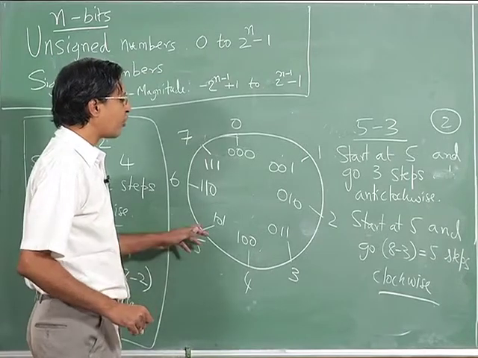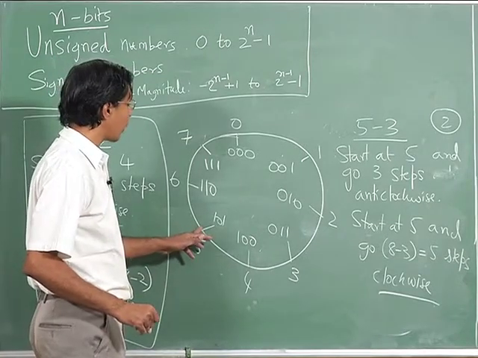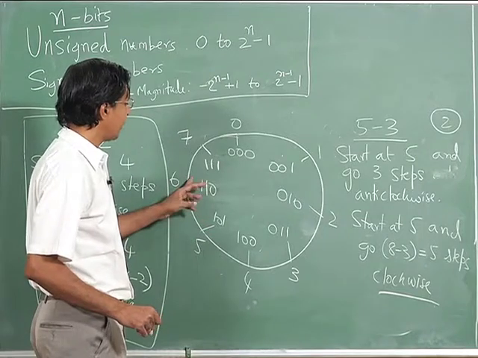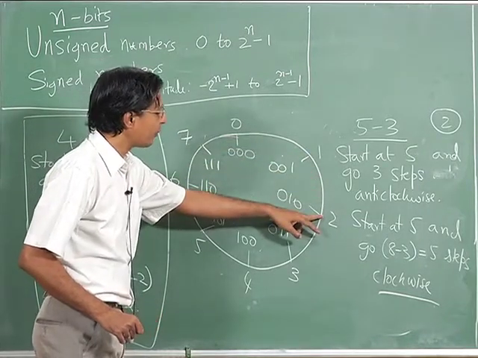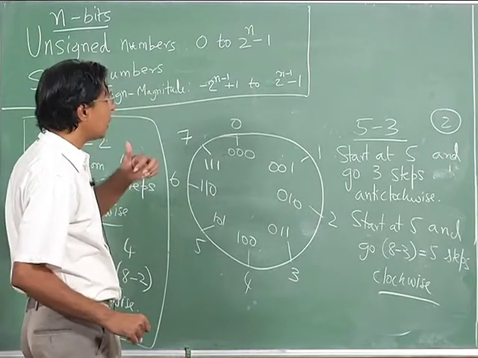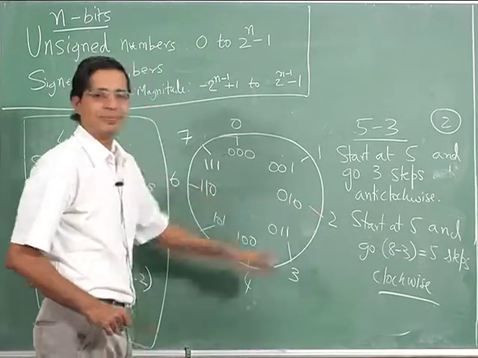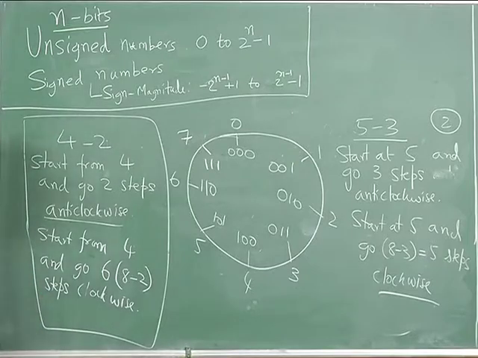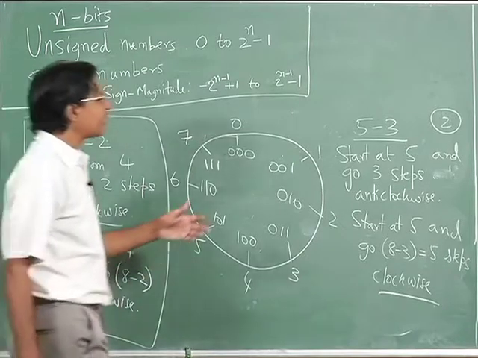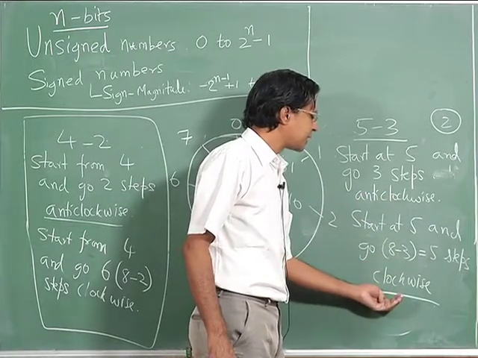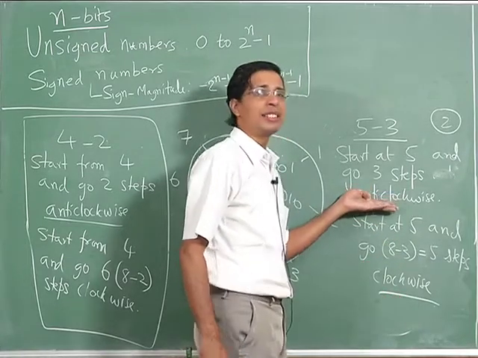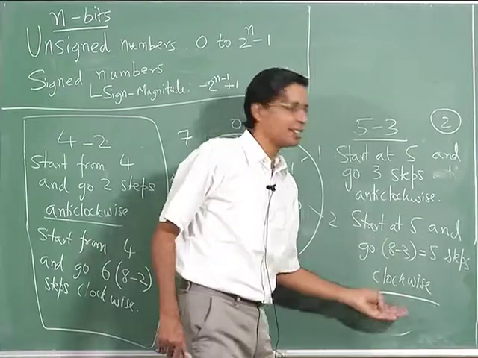So, from 5, if I go 5 steps clockwise, 1, 2, 3, 4, 5, I get 2, correct. So, if I say anti-clockwise is subtraction, clockwise is addition, I have modeled this subtraction as addition.